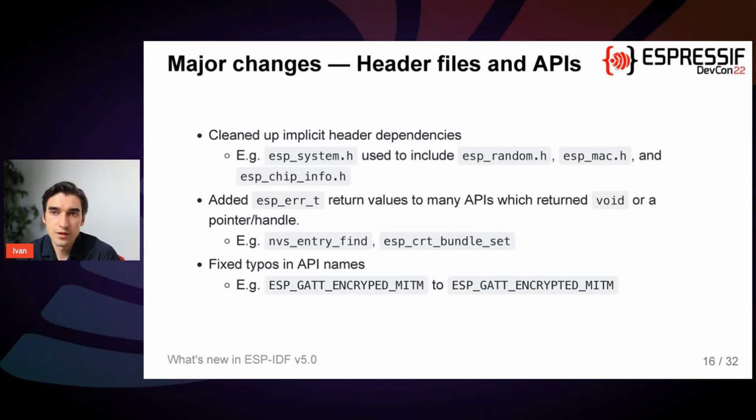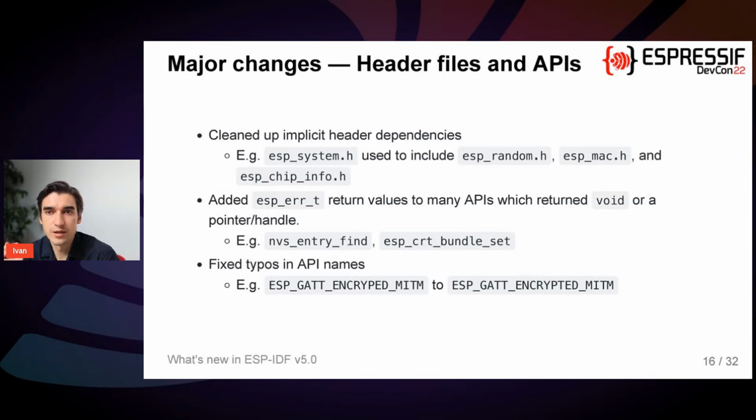First, we have cleaned up some implicit dependencies between header files. A couple of examples here. esp_system.h is a header file that previously used to include a lot of system-related functions. Subsequently, in IDF 4.3, I think, we moved some of those functions into more specialized header files. For example, random number generation was moved from esp_system to esp_random.